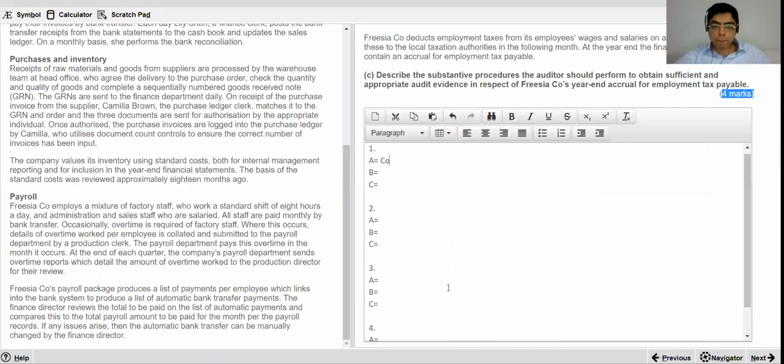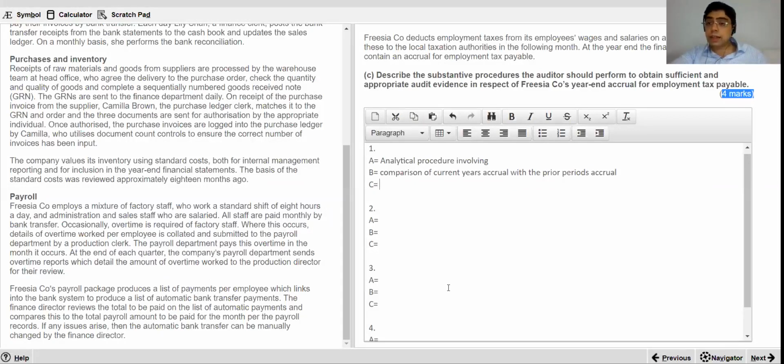You would say compare for performing analytical procedures, or you could say analytical procedure involving comparison of current year's accrual with the prior period's accrual.